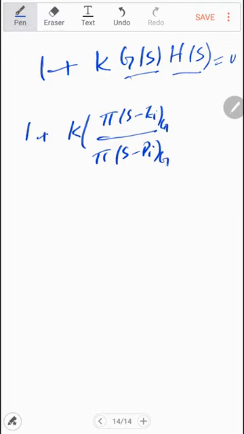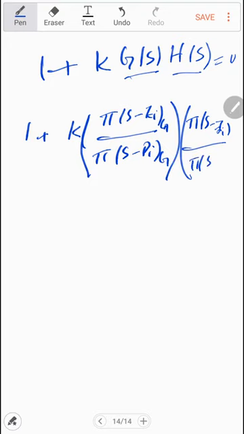This is also g, meaning the forward transfer function, multiplied by the product of s minus zi divided by the product of s minus pi, but using h, which means the feedback transfer function.